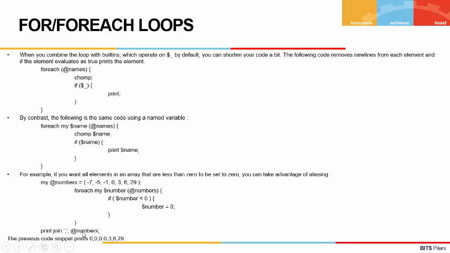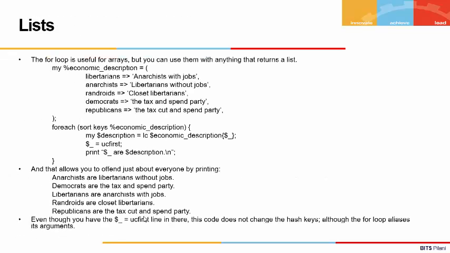Now we will print all the values of the array, and this code will give an output. As you can see here, the first 3 values are less than 0 and those are set to 0, and afterwards it remains the same. This way you can use for or foreach loops.